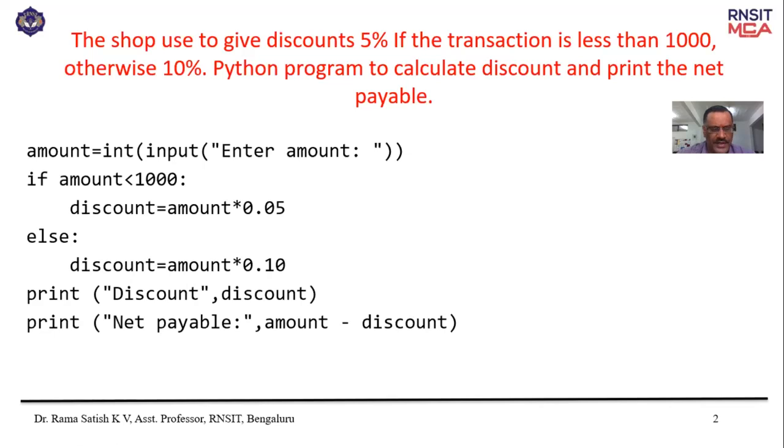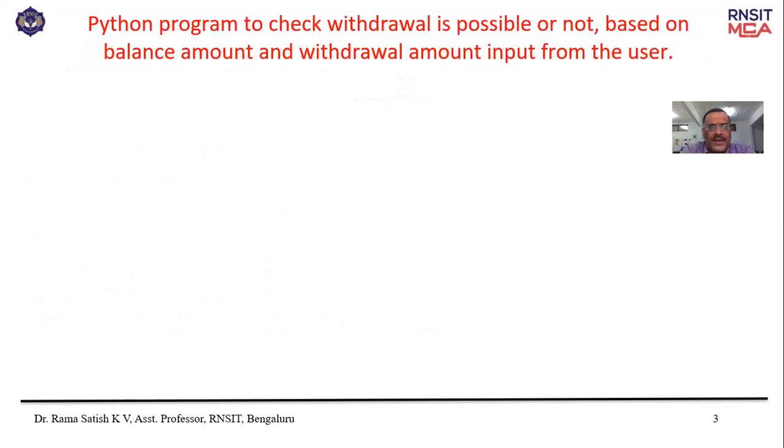Let me start my Jupyter. Python program to check whether withdrawal is possible or not based on the balance amount and withdrawal amount. In the bank you have some balance amount and you have some amount to withdraw. If the withdrawal amount is more than the balance amount, then you cannot withdraw.